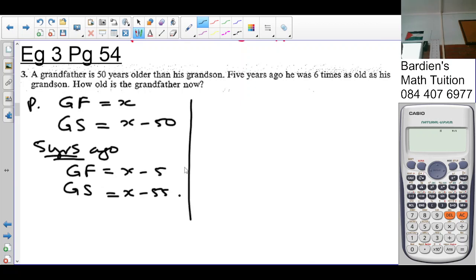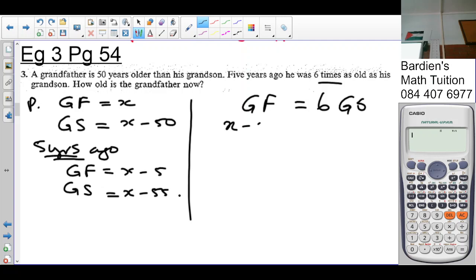Right. 5 years ago, he was 6 times as old as his grandson. So you say grandfather equals grandson. Where does that 6 belong? To the grandson. Whatever the grandson's age is, you multiply it by 6 to get the grandfather's age. Make sense? So how old was the grandfather 5 years ago?